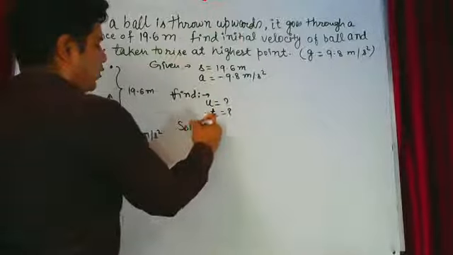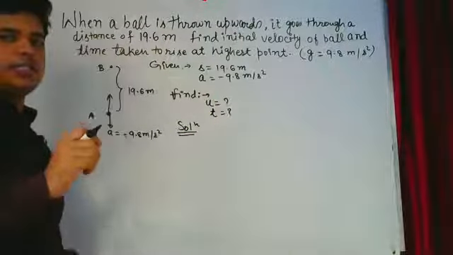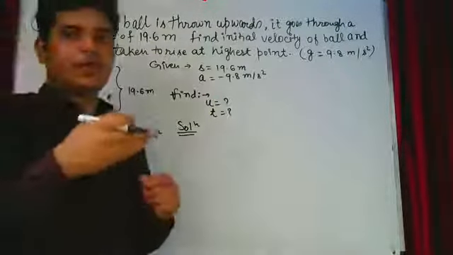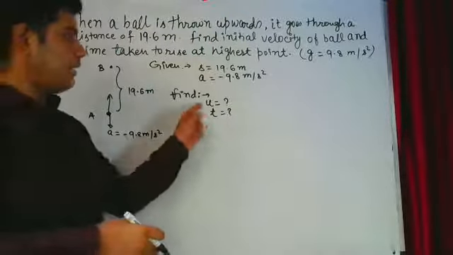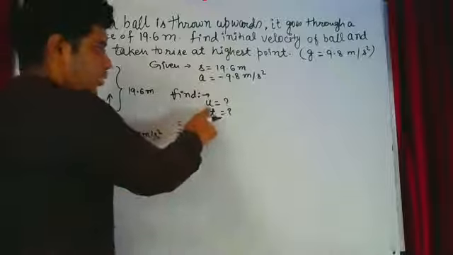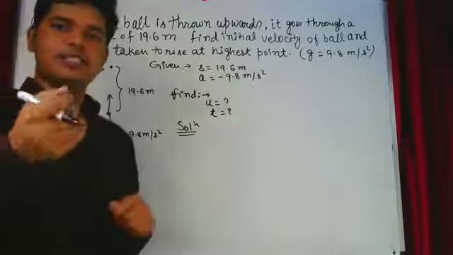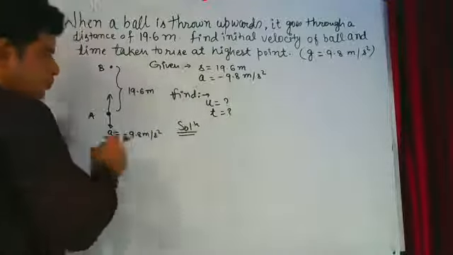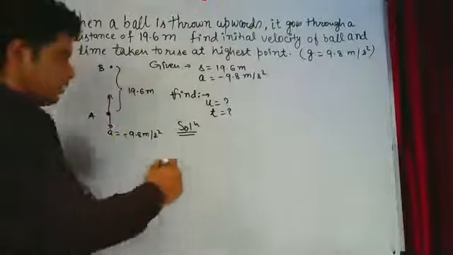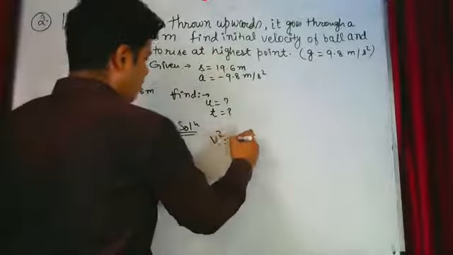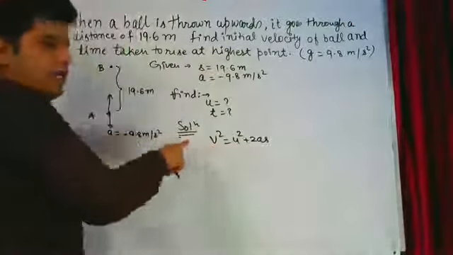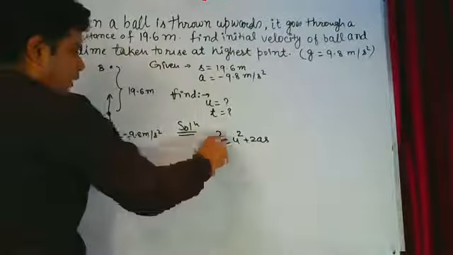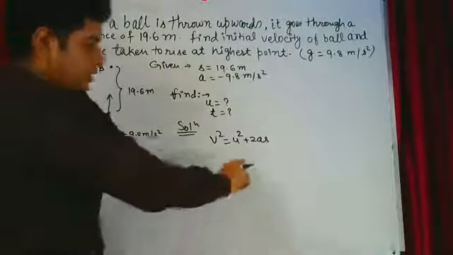Now I am going to solve this. This question involves the concept of the equations of motion. Here u is the initial speed. We know the third equation of motion, that v square is equal to u square plus 2as. What is v square? It is the final velocity. What is u square? It is the initial velocity. What is a?